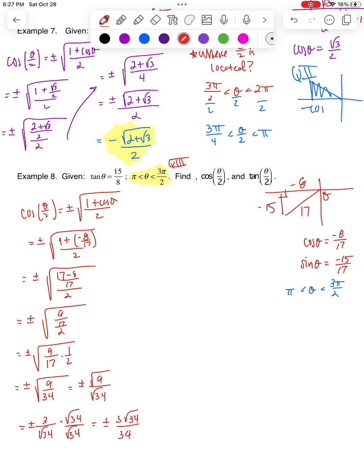Our half angle is then going to be located between pi over 2 and 3 pi over 4. So that is somewhere in quadrant 2. So this time, again, our cosine is going to be negative. So our ending answer is going to be a negative 3 radical 34 all over 34.